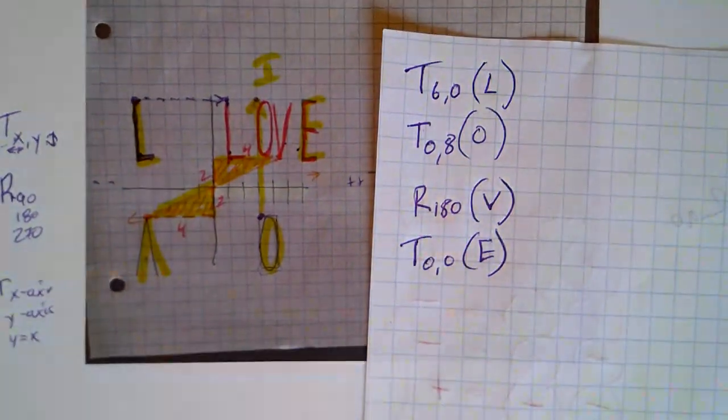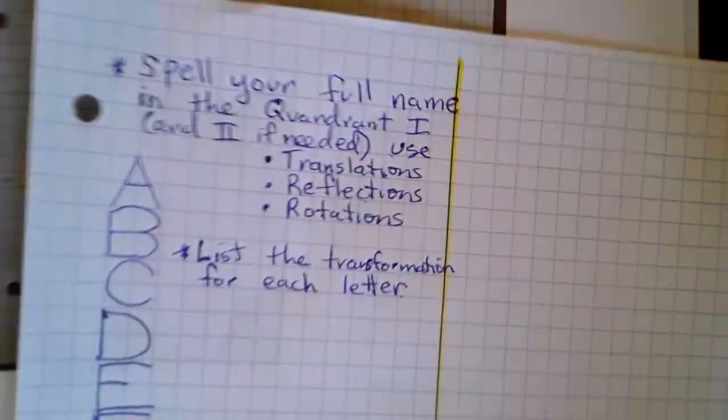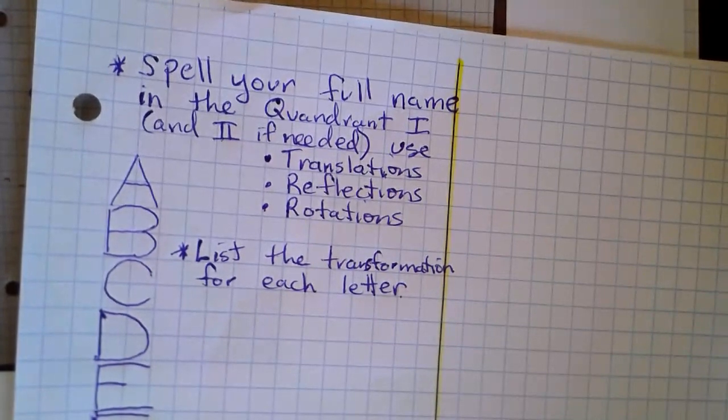Okay. Now this right here is related to the assignment I'll give out at your next class. I'm going to be doing something like this, where you have to spell out your full name in quadrant 1 and 2 if needed, using translations, reflections, and rotations. List the transformations for each letter.